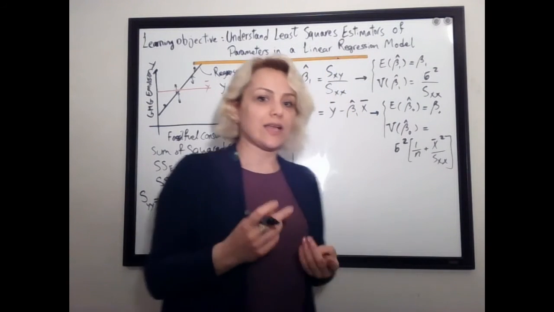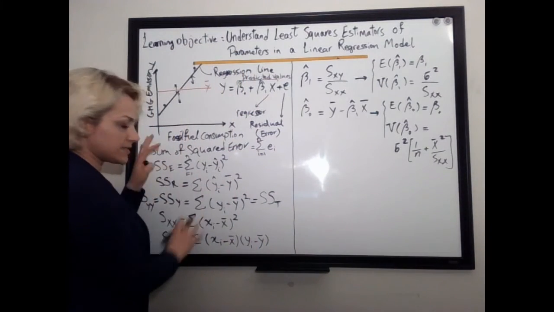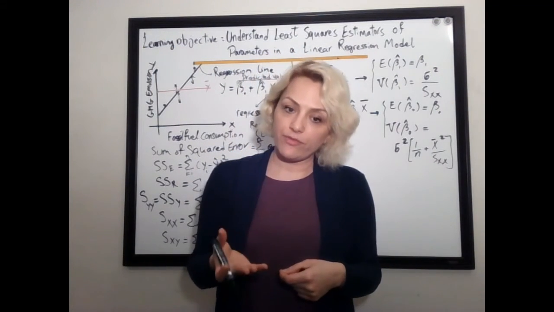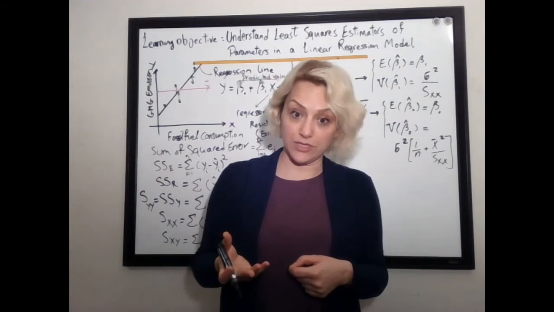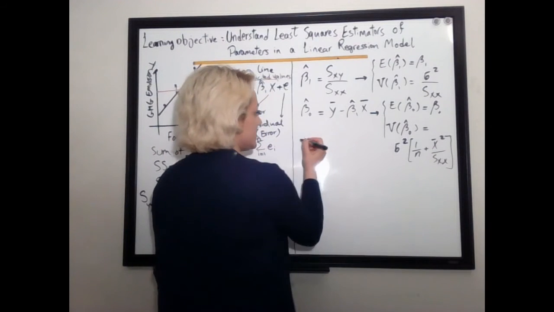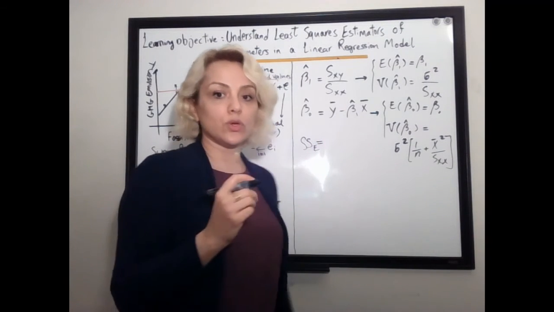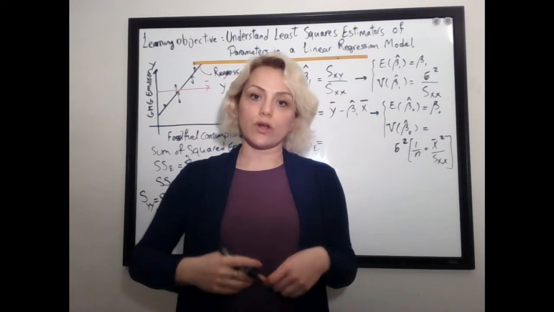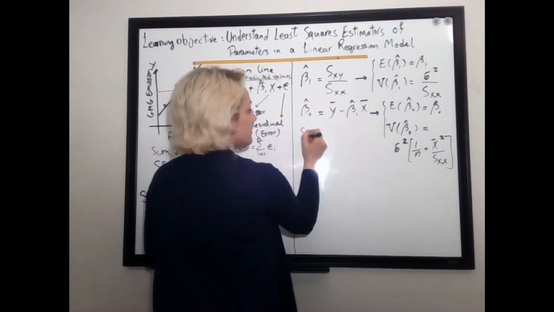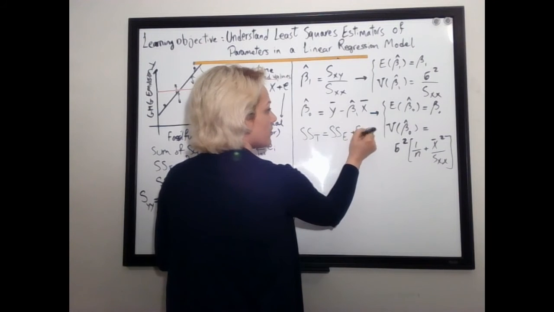The next thing is that, okay, let's say I want to play with these sums of squares and find out the relation between them to define the coefficient of determination based on these SS. Sum of squares of the total is equal to sum of squares of the error plus sum of squares of the regression.